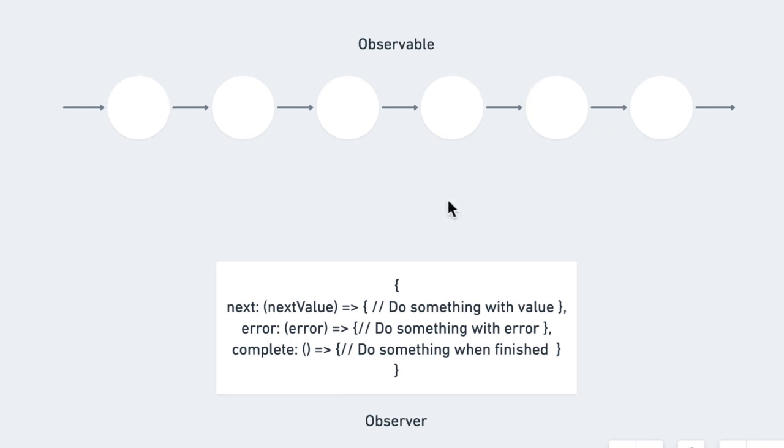The observer is a piece of code that essentially has 3 function calls on it. It has a next call, which is literally just the code that you execute whenever a new event happens. An error call is something that we do when an error occurs. So you can imagine if there was a stream of possible API calls, right, to a backend of some kind, like what we have.